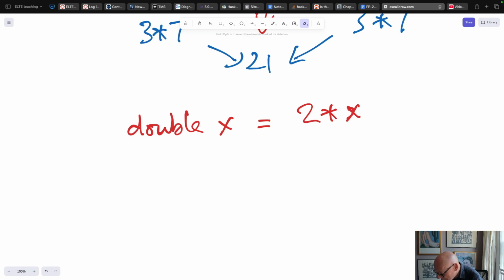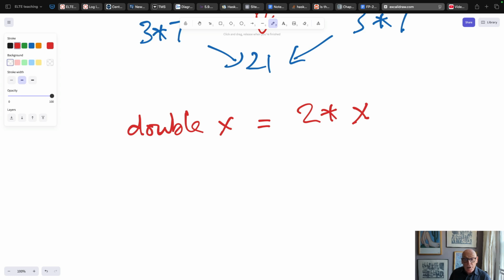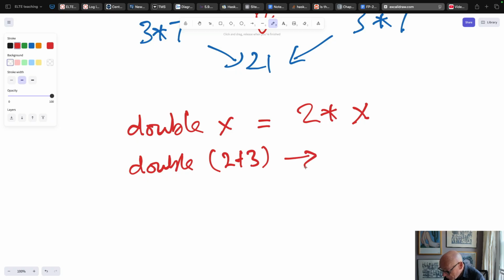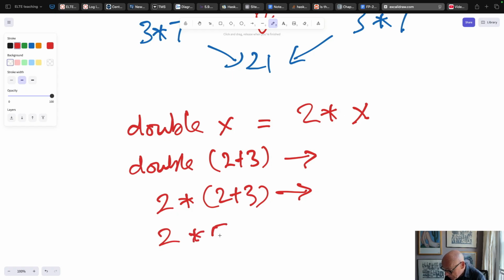That is our definition of the double function, because we know that if we want to evaluate double of 2 plus 3, say, what does that evaluate to be? Well, by definition, that's 2 times the input, so that's 2 times 2 plus 3. And then we evaluate it just as we evaluated things before, so that's 2 times 5, which evaluates to 10.